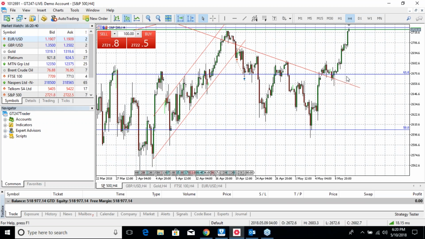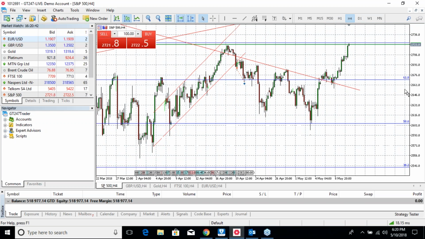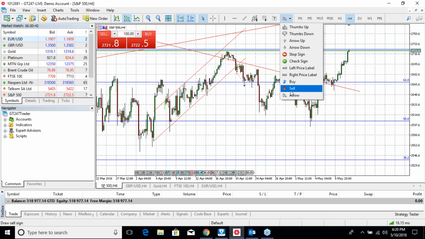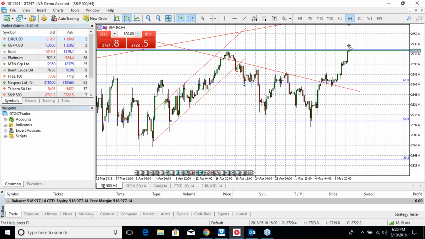And that's when zooming in some more comes into play. So from here, there is a possibility that it could turn here. Okay, now we've gone to 4 hours.